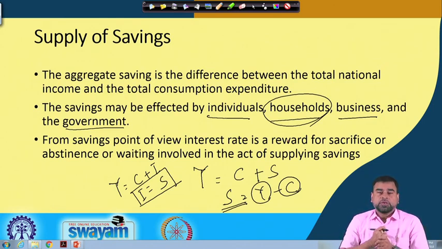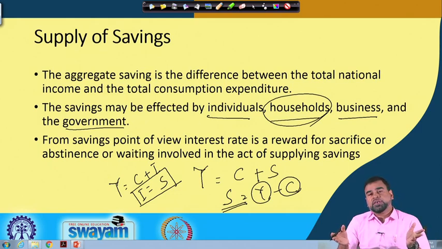Somebody can ask the question: why does the household sector save? Whenever households save, they expect to get some return out of it. That is why they always expect some interest payment against their saving deposits, because they are forgoing their consumption. Instead of saving, they could have spent the money and got utility from the resources they could have bought.